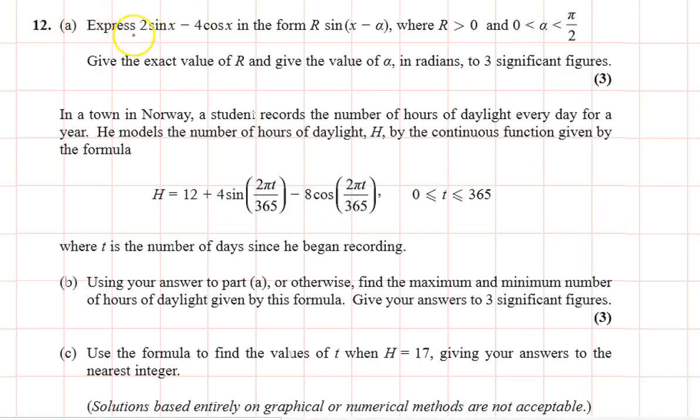Question number 12. Express 2 sin x minus 4 cos x in the form r sin of x minus alpha, where r is greater than 0 and alpha is between 0 and pi over 2. We compare it with r cos alpha sin x minus r sin alpha cos x.